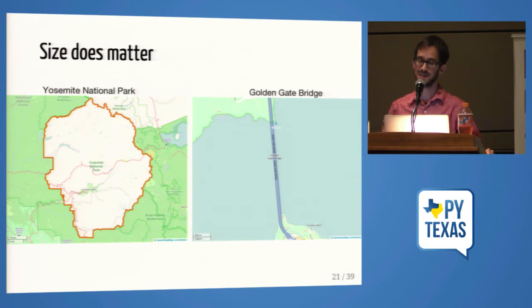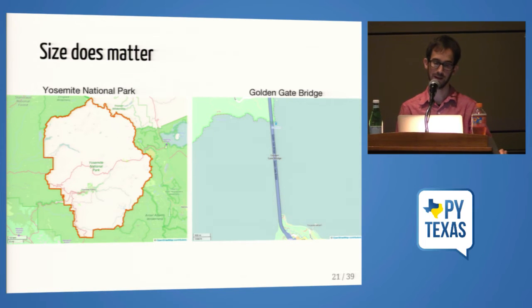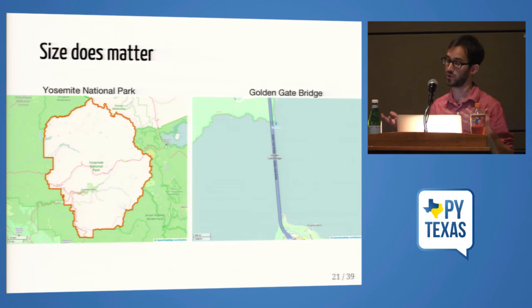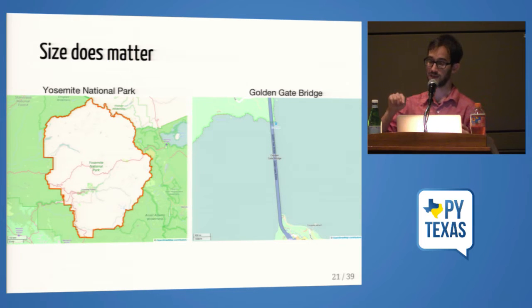Another specific example for points of interest and how to match them is using their size. The Golden Gate Bridge is considered a small point of interest, and Facebook and Foursquare might say that it's in the same location, and maybe Wikipedia will say that the Golden Gate Bridge is located on the other side.